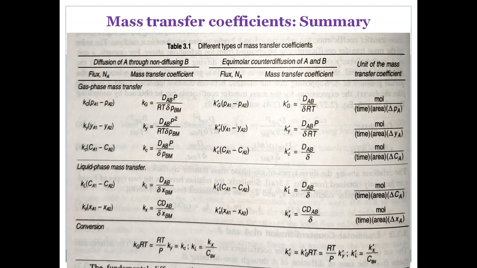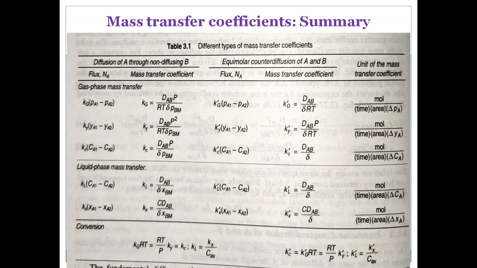Okay, so this part you have to understand. In mass transfer you have to deal with two types of mass transfer coefficients, depending on the driving force and the type of mass transfer, and there are some changes. But if you know one mass transfer coefficient, the other can be calculated from this relation.